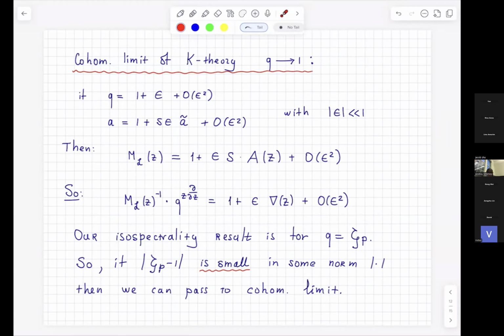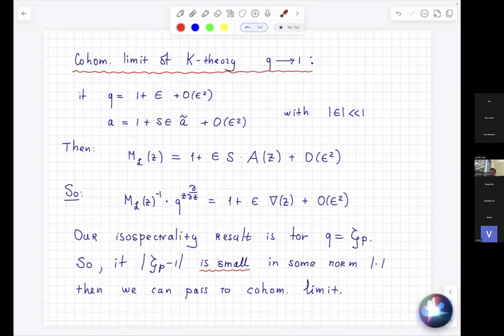So classically, say over complex numbers, the cohomological limit of K-theory works as follows. You replace all equivariant parameters, including Q, as follows.